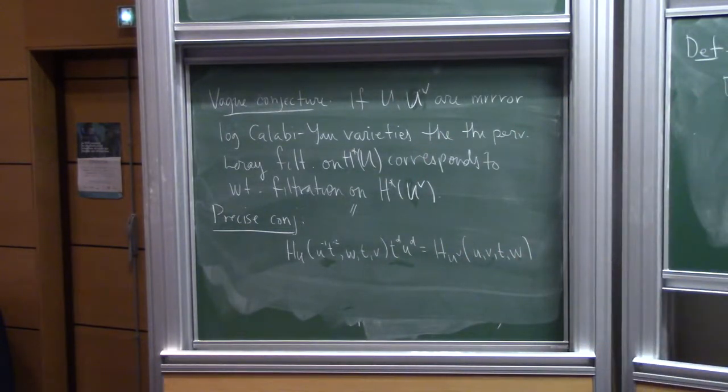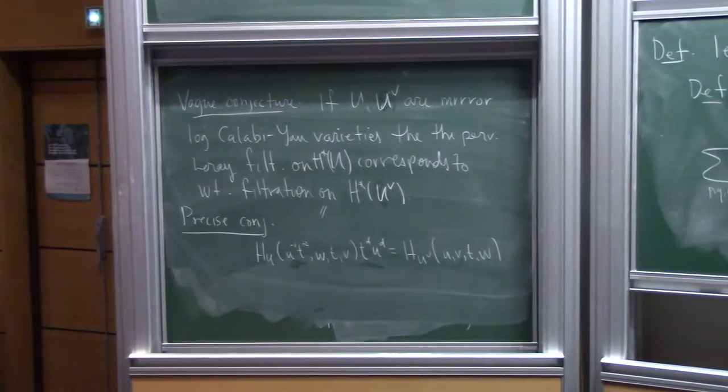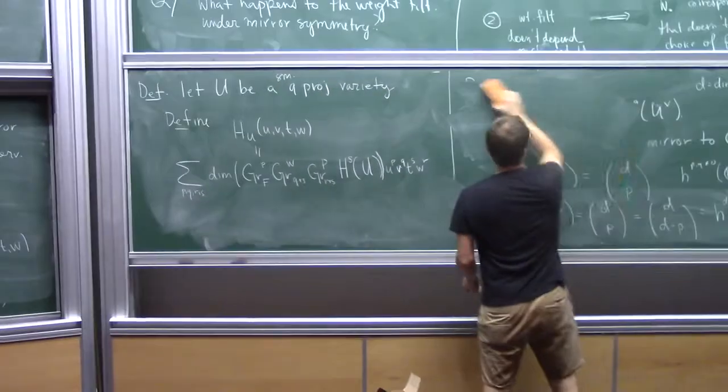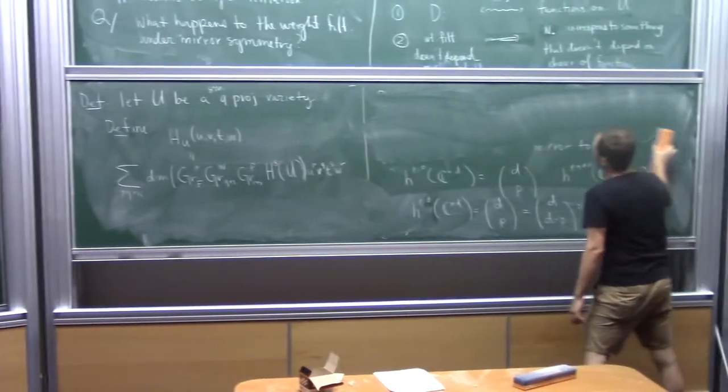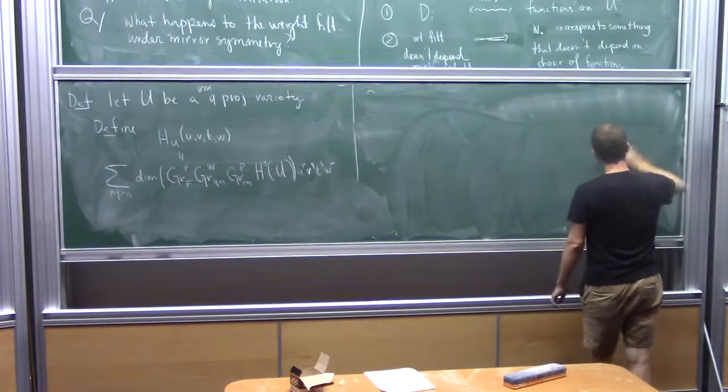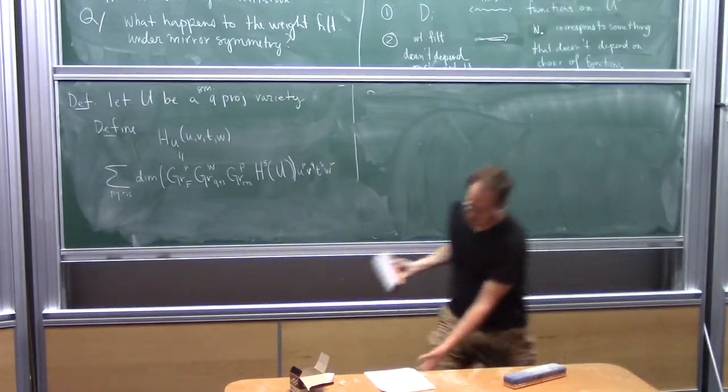Okay. So let's just do the most basic example that I mentioned earlier, C star to the n. Great. So I already have this. So let's redo it. You can compute that the perverse mixed H polynomial of C star to the n is as follows.